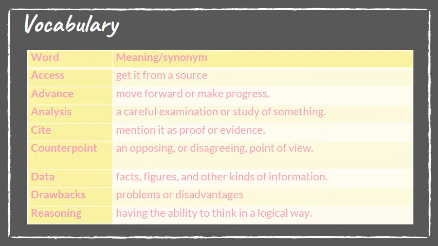Cite, mention it as proof or evidence. Counterpoint, an opposing or disagreeing point of view, opposite opinion. Data, we mean facts, figures, and other kinds of information. Drawbacks, problems or disadvantages. Reasoning, having the ability to think in a logical way.